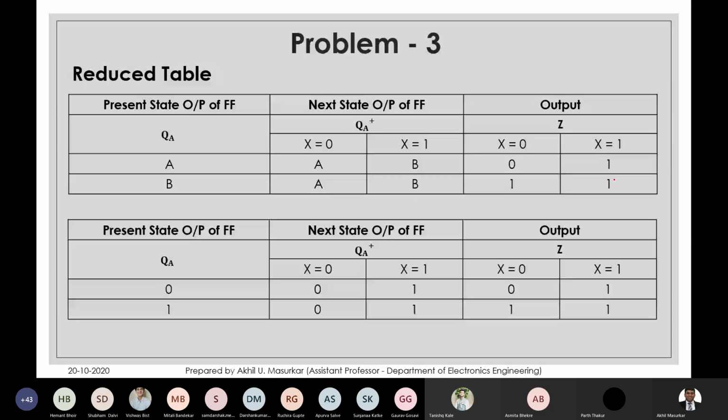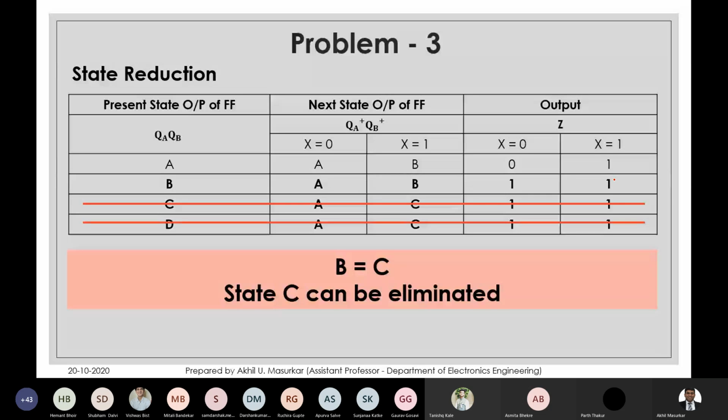Now Asmita, again, are you there? Yes, sir. Now is further reduction possible? Is state A equal to B? No, sir. Why? Even if the next states of the flip-flops are looking similar, the outputs are not equal. Okay, that is the right answer. So everybody listen to what she's saying, that the next states are same.